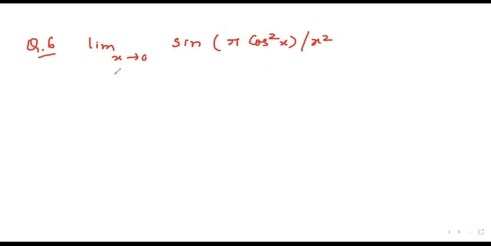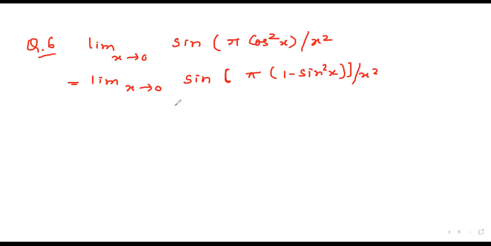So we can write it as limit x tends to 0, sine pi times 1 minus sine square x whole divided by x square, limit x tends to 0, sine pi minus pi sine square x whole divided by x square.